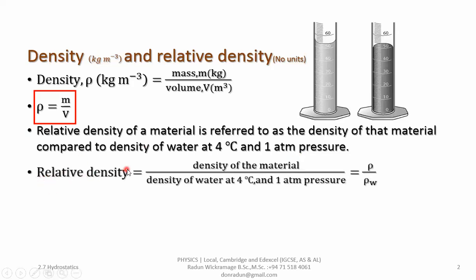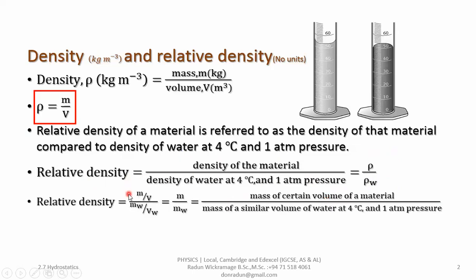So we can define relative density as the density of the material divided by the density of water at 4 degrees Celsius and 1 atm pressure. With symbols, relative density is rho of the material divided by rho of water.